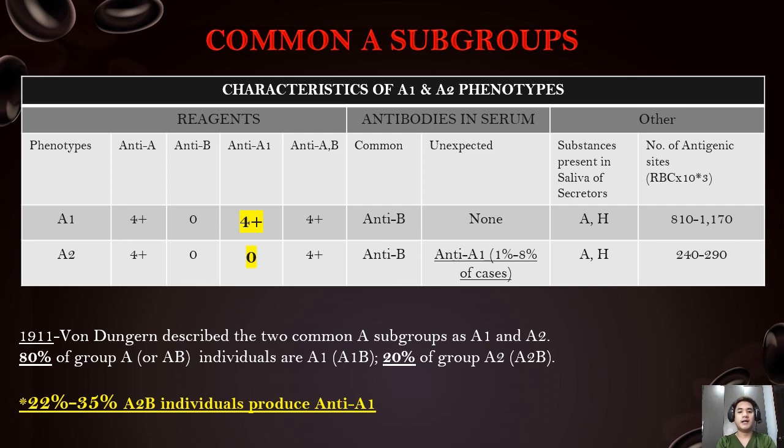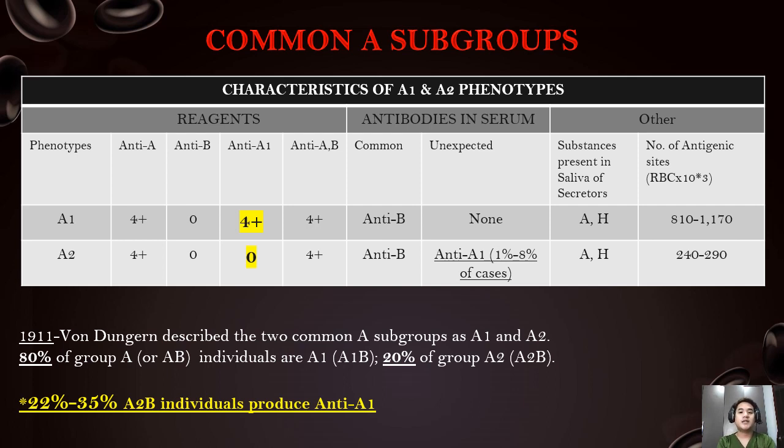So moving on, we have here the summary and a simplified version of the differences and main characterizations of your A1 and A2 phenotypes, or your common subgroups. These two common phenotypes were first described by von Dungern in 1911.